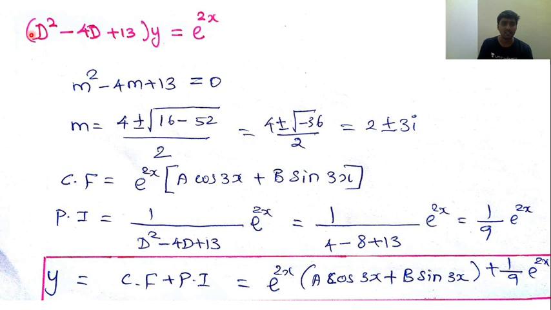Here the letter D is replaced by another notation m, because D stands for the differential operator. That's why we are changing the name. m square minus 4m plus 13 is equal to 0. We know that the root value m is equal to minus b plus or minus root of b square minus 4ac divided by 2a.